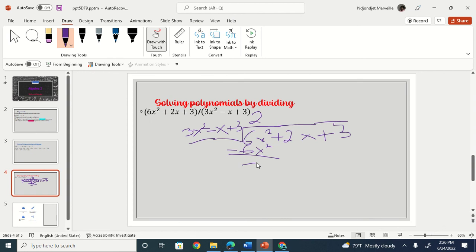So we have this, and then now negative x divided by... we have plus 2x divided by negative x, which is going to be minus 2.